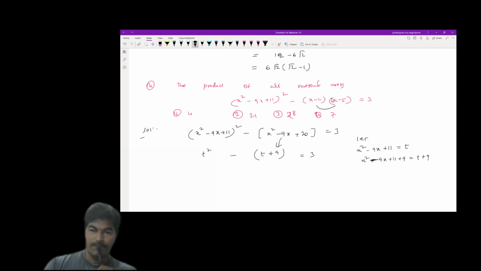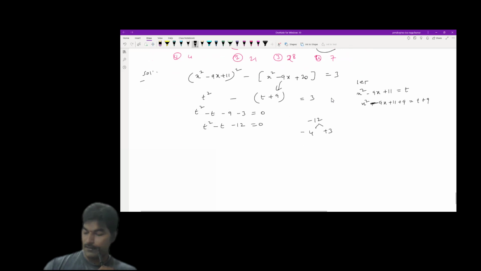So t square minus t minus 9 minus 3 equal to 0. T square minus t minus 12 equal to 0. Minus 12 will be factorized as minus 4 and plus 3.